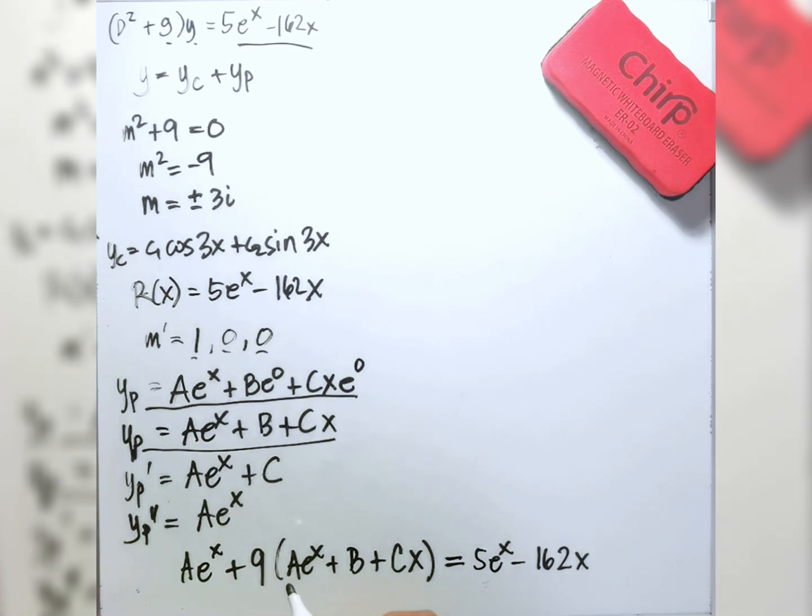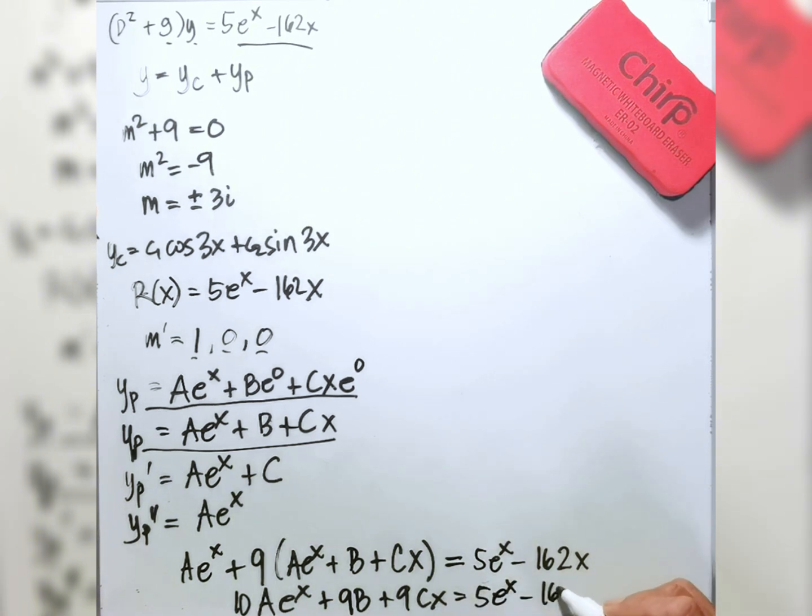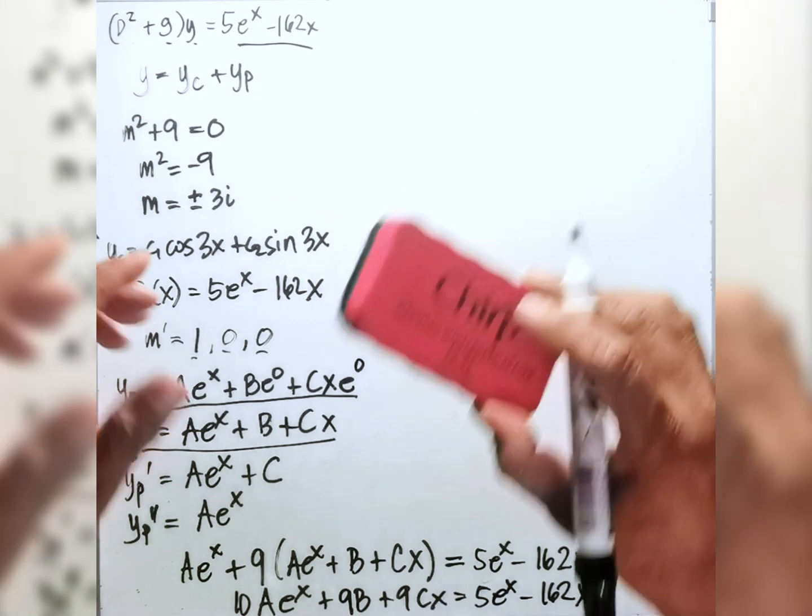A e to the x plus 9A e to the x is 10A e to the x. 9 times B is plus 9B. 9 times Cx is plus 9Cx equals 5 e to the x minus 162x.